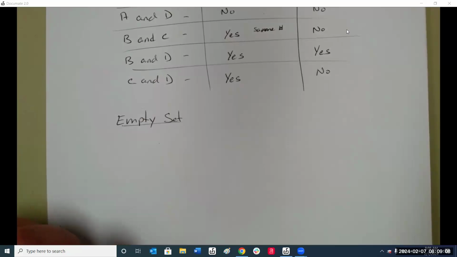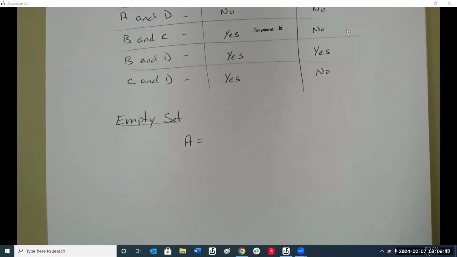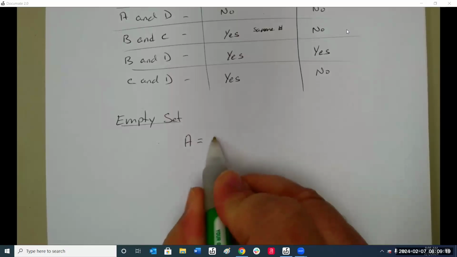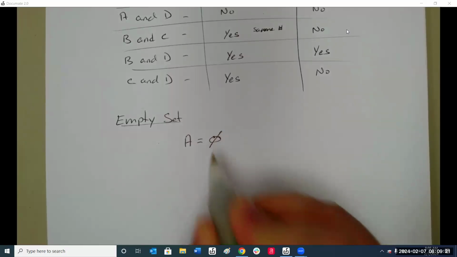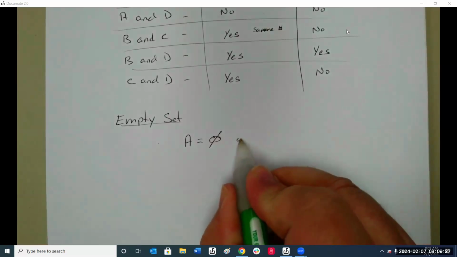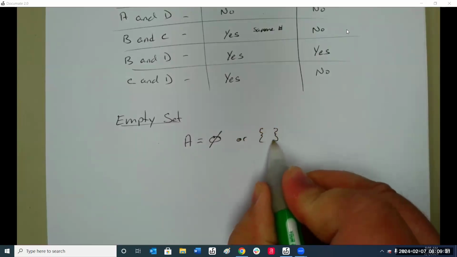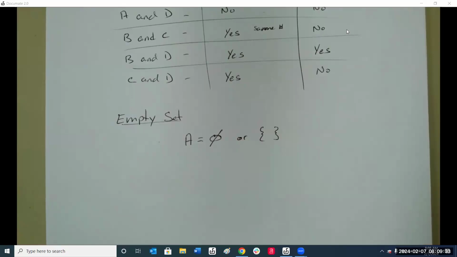It has nothing. It's a set with nothing in it. So if we had our set A and it's an empty set, the symbol we use is that. That's the symbol for empty set. Or we can use the set notation like that.